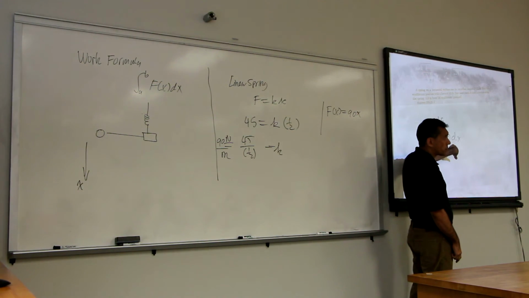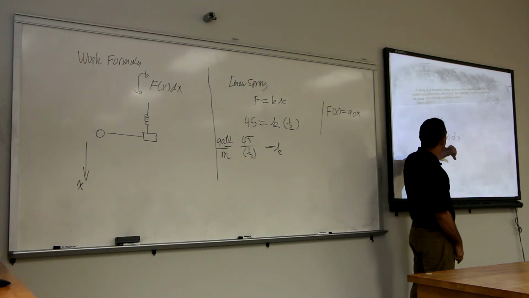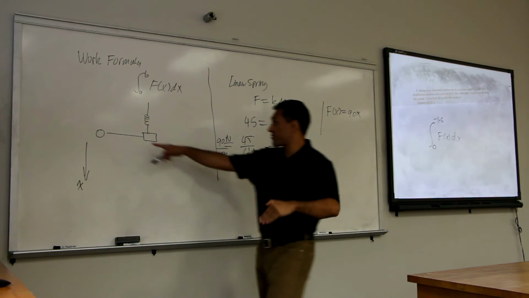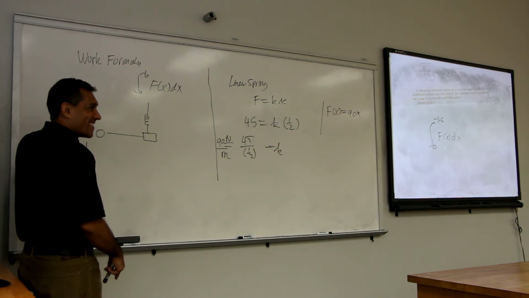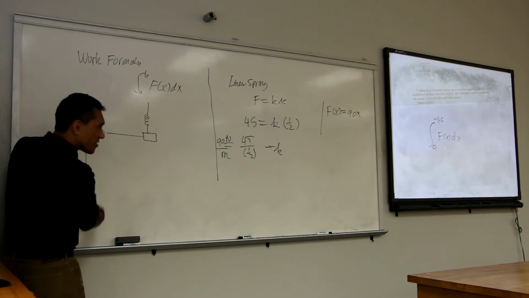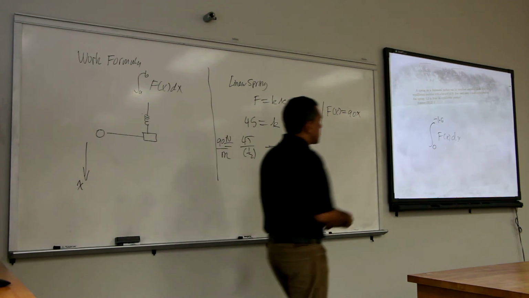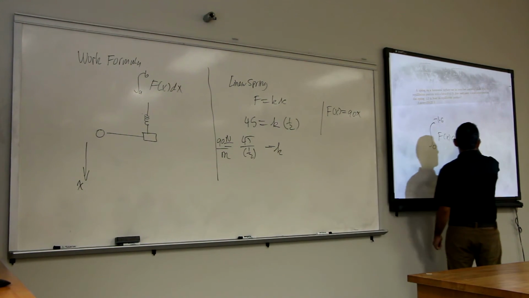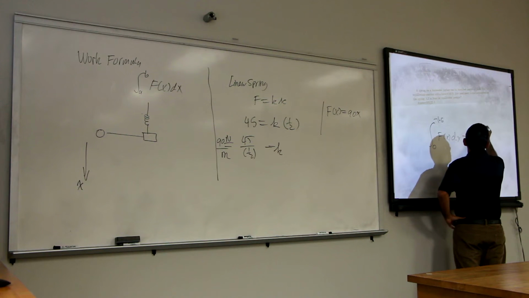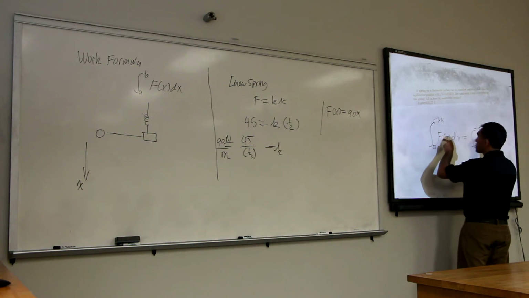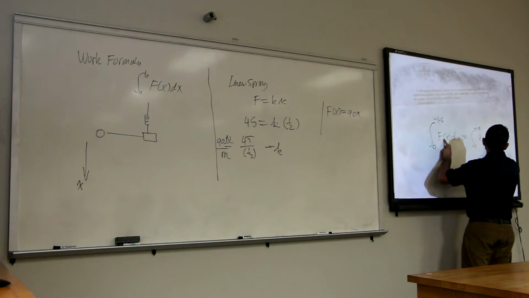When you push it, it becomes negative, and when you pull it, it becomes positive, if you're going to use this reference point here. So you will integrate from 0 to negative 1.5 of f of x, which is 90x dx.